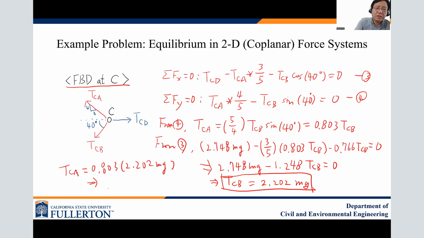So TCA equals 1.768 mg. Then that's TCA. So we can find all four unknown tension forces.